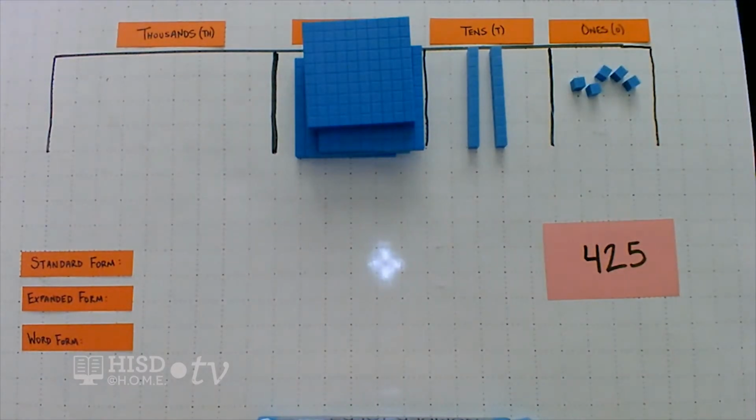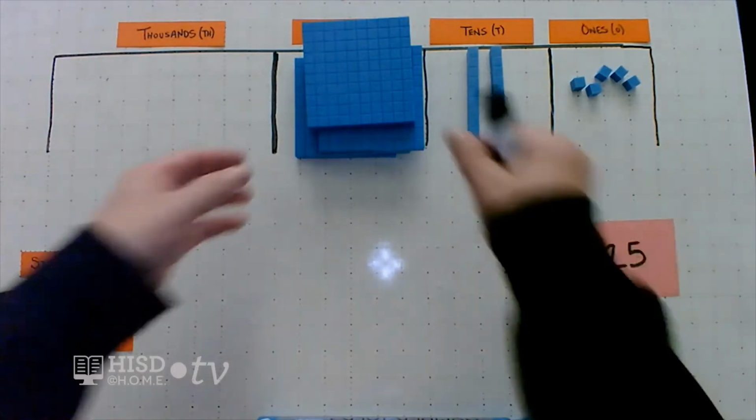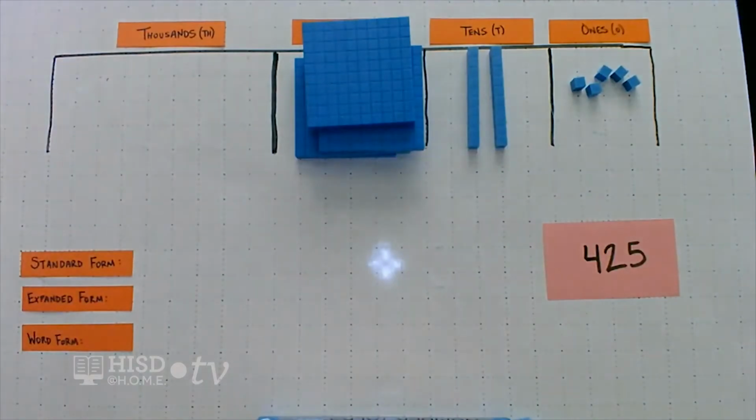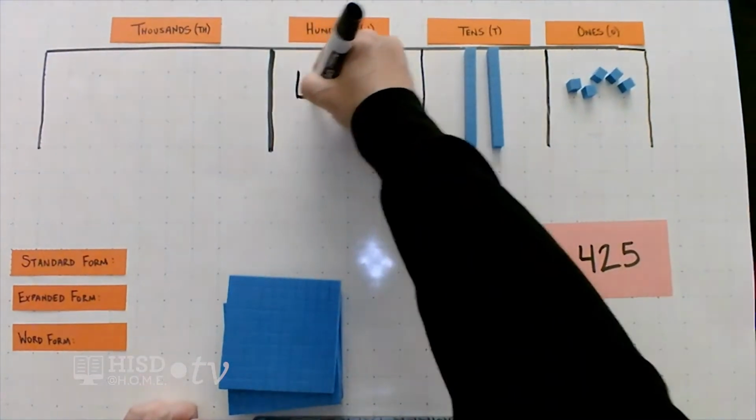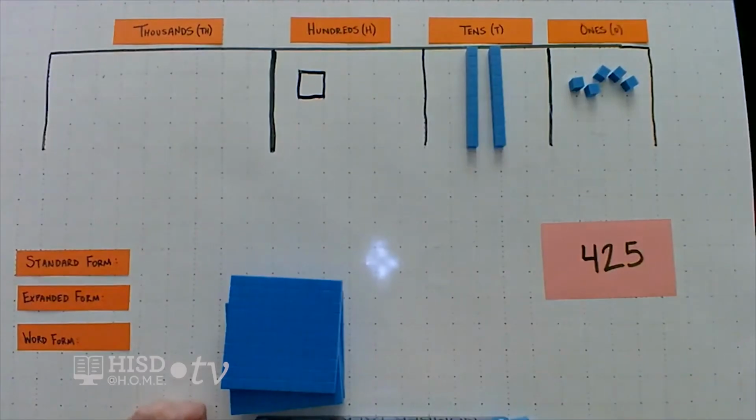So now that we've done this, we can now begin to exchange our concrete blocks for our pictorial representation. So how many flats did we draw? We drew 4 flats. Each flat has a value of 100, so we know that we have a value of 400 here. So each flat, that's one flat with a value of 100.